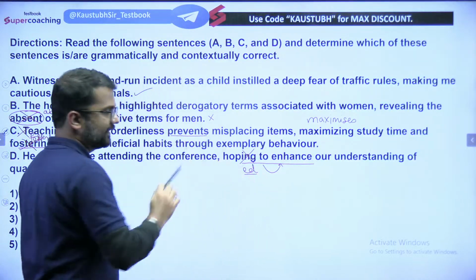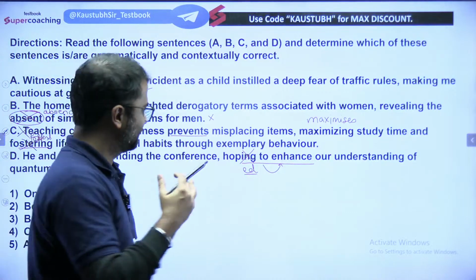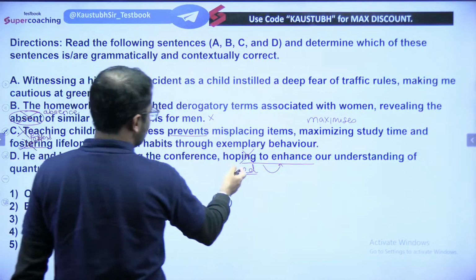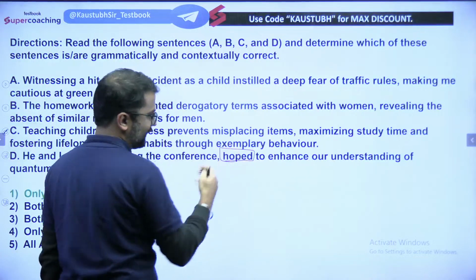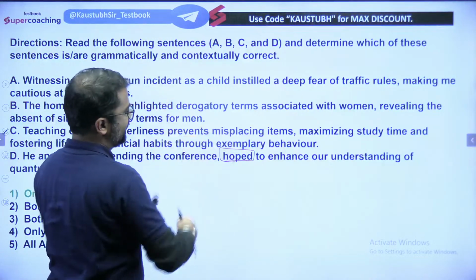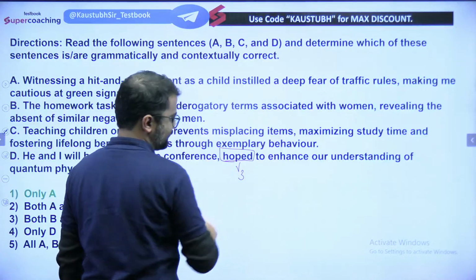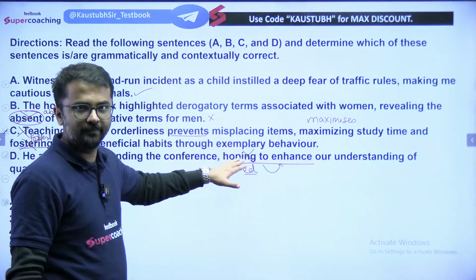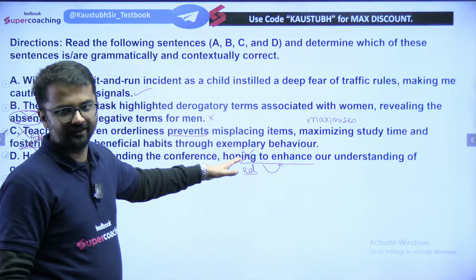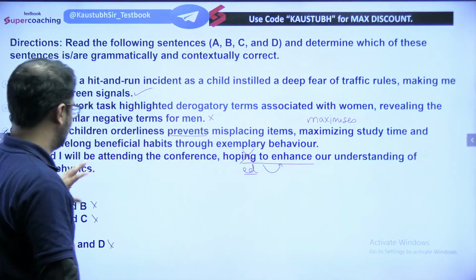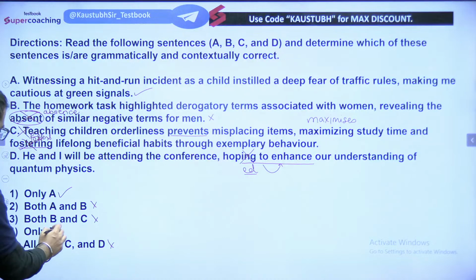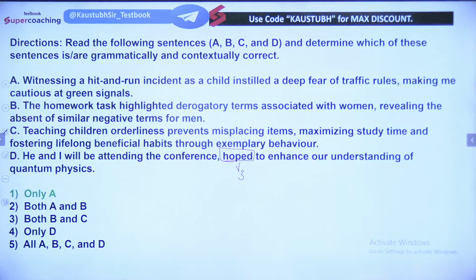Maybe while creating the sentence, the computer created the correct sentence and put the wrong sentence here. This was supposed to be there in the first slide, because hoped here, direct V3, will be the wrong participle. Instead, hoping should be the correct answer, but that unfortunately did not happen. Anyway, it was a very interesting question, and we got our answer as only A to be the right answer.